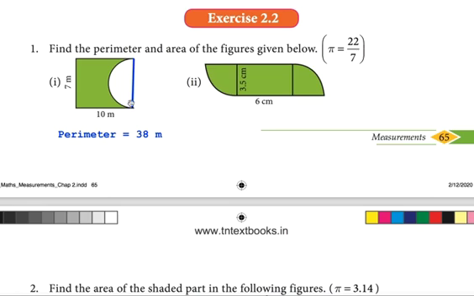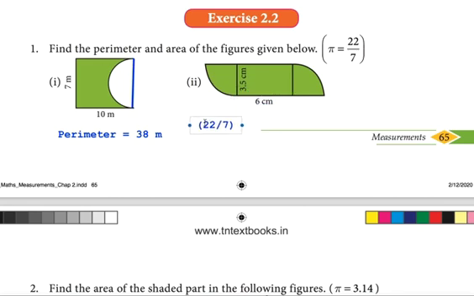What is the area of the circle? Pi r square. Area of the semicircle? Pi r square by 2. Pi is 22 by 7. What is the radius?